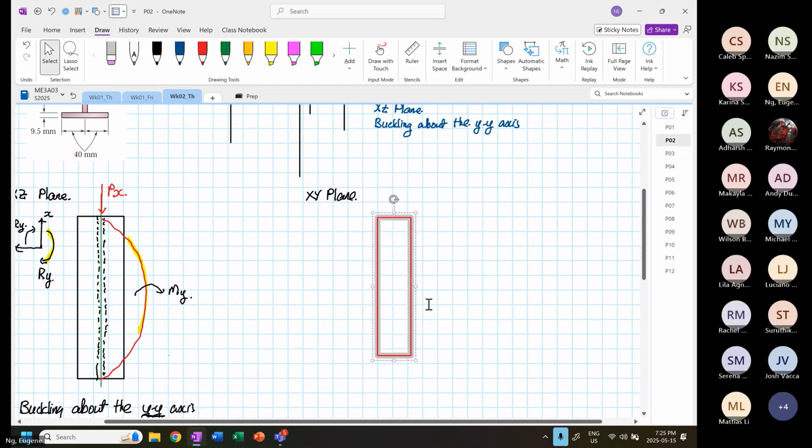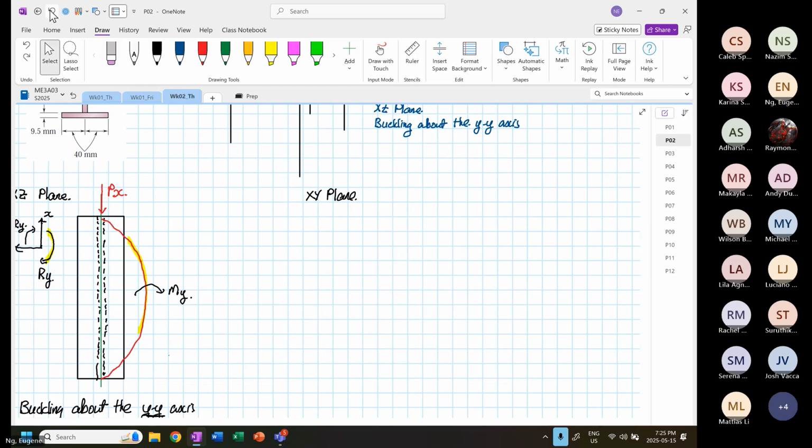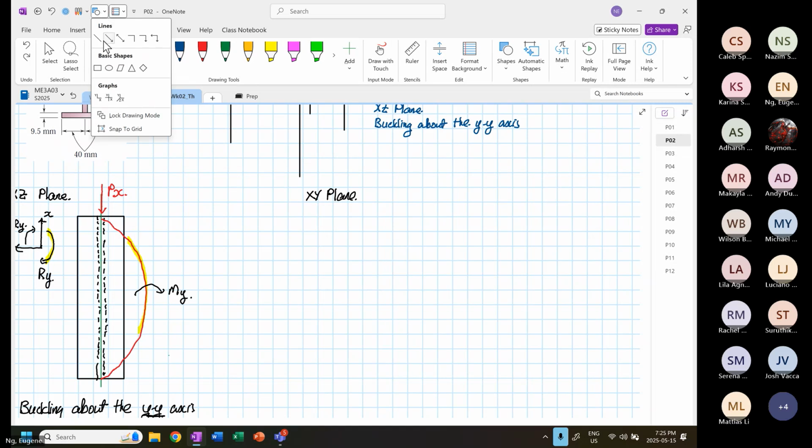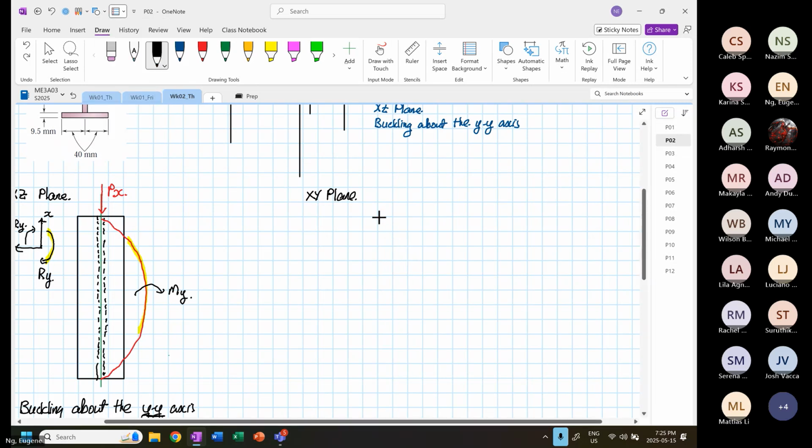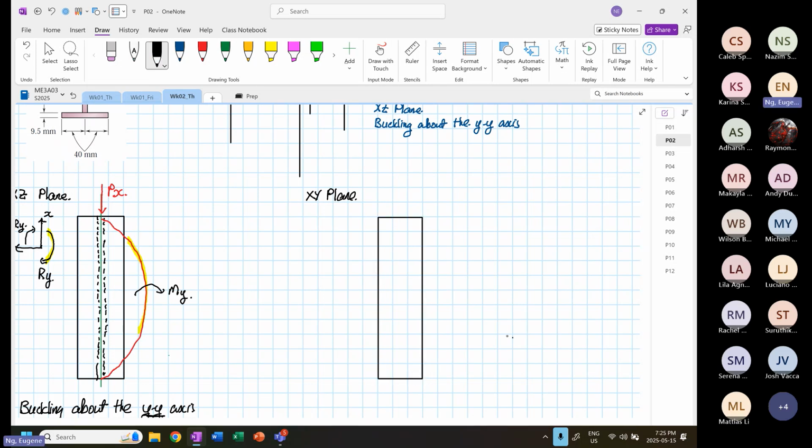Let me change color. Then I'm going to sketch the thickness of the web and the thickness of the flange.